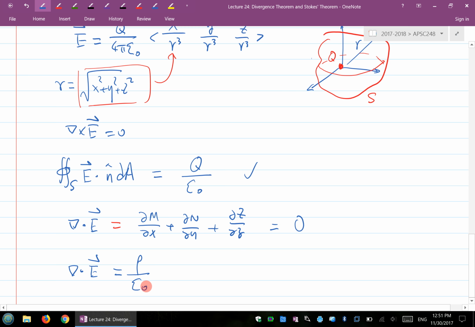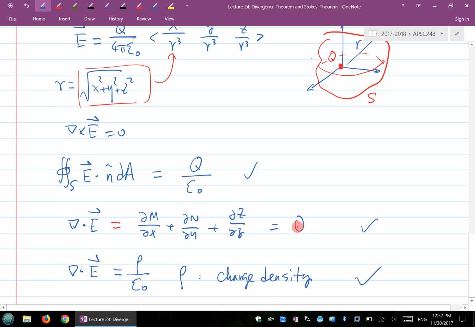It's this one: del dot E equals rho over epsilon naught, and rho is the charge density. So now this is the correct one, and this is also correct, calculation-wise.